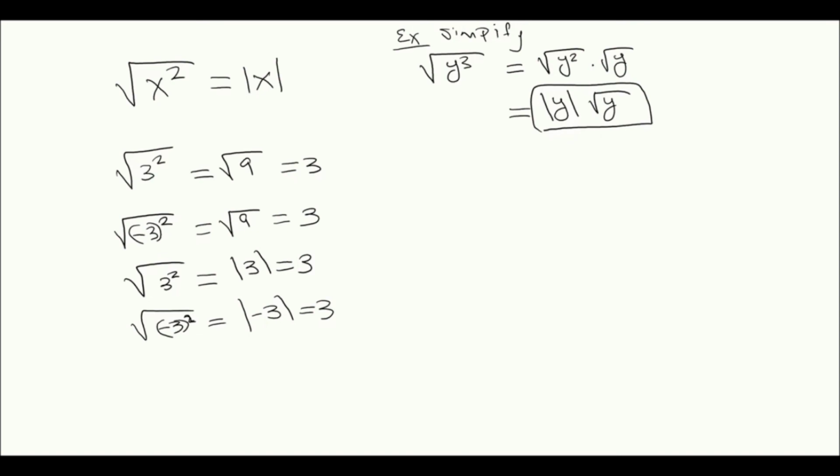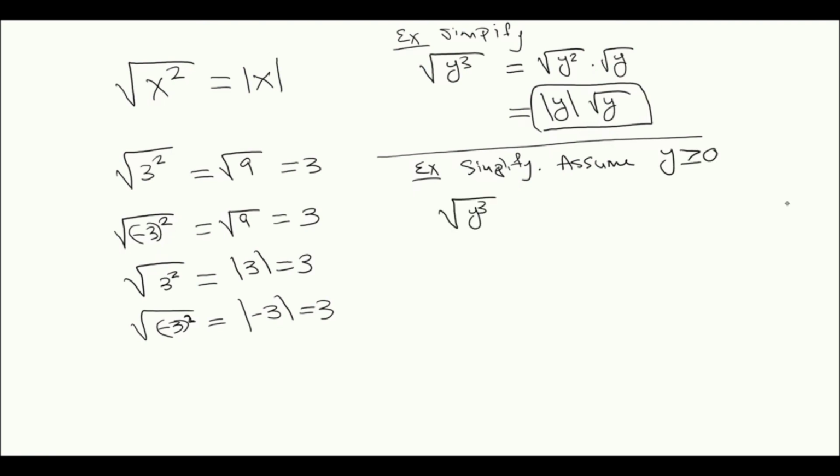Now, if I gave you the same problem and I said simplify and assume y is greater than or equal to 0, then you're going to say the square root of y cubed equals the square root of y squared times the square root of y. And this time, because y is non-negative, it's going to fall into a category like this.